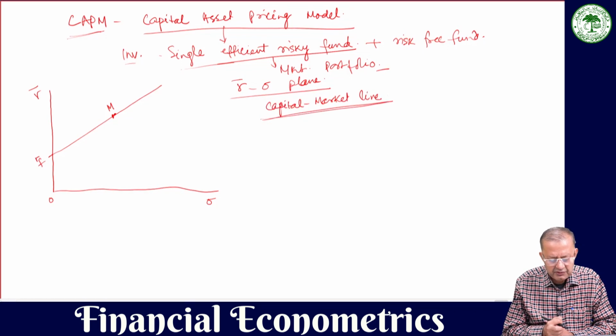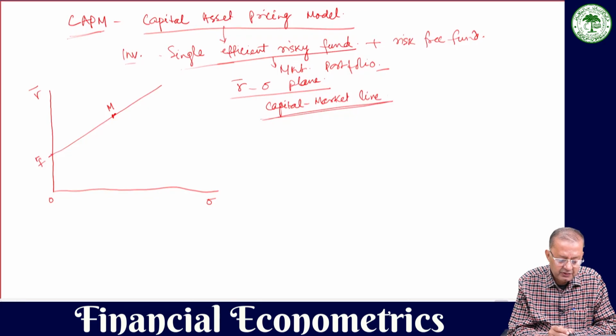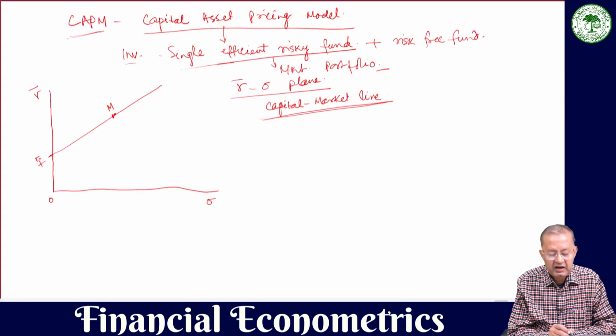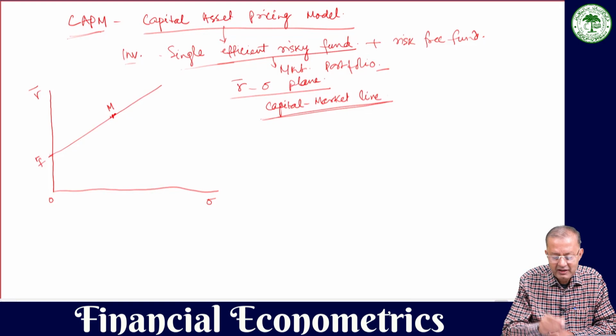This is a combination of two assets. One, the risk free, so this line starts with this point RF, where the value of sigma is equal to 0, the risk factor is equal to 0, and this line moves in the upward direction to the portfolio, and this portfolio is called the market portfolio. This is called M point.